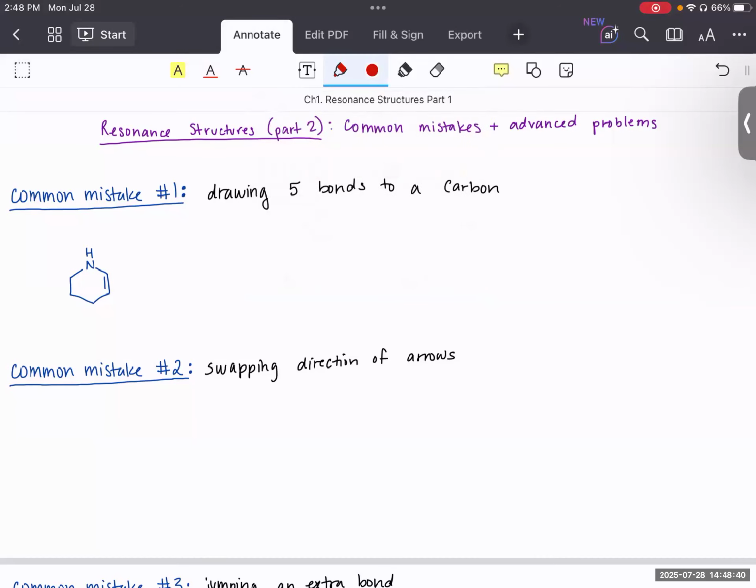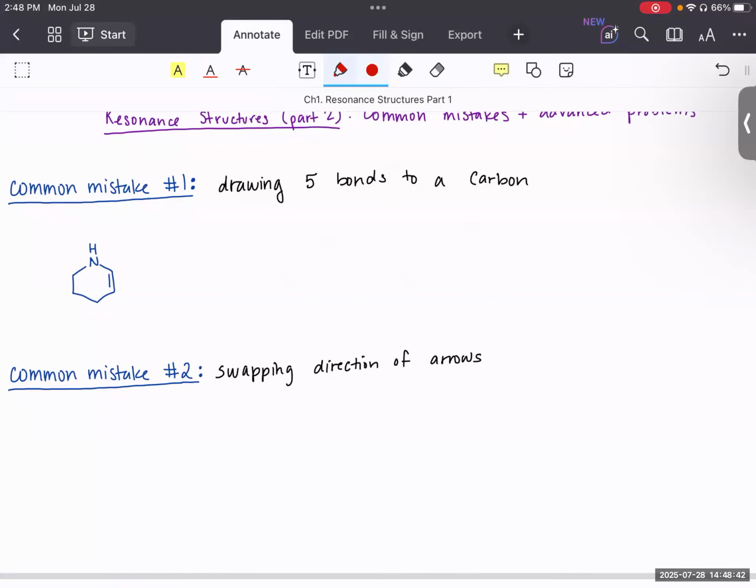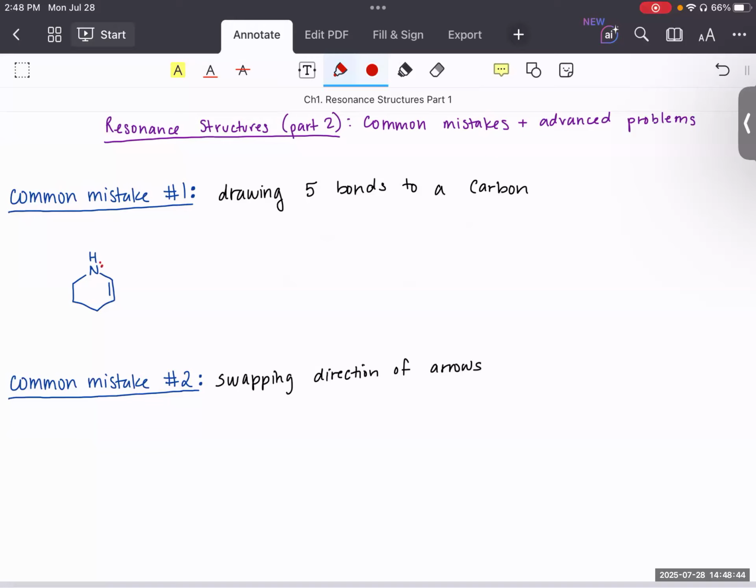However, when we get into more complex structures, such as this one over here, we know that this lone pair and the double bond can participate in resonance. And so if we were to start drawing our first structure, we could bump down the lone pair of the nitrogen down to this bond.